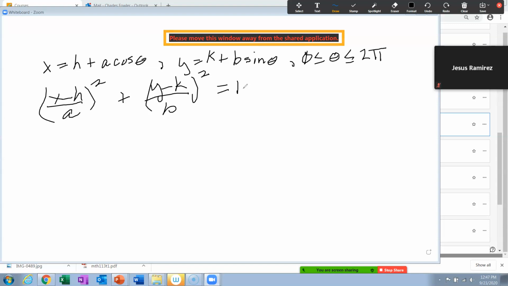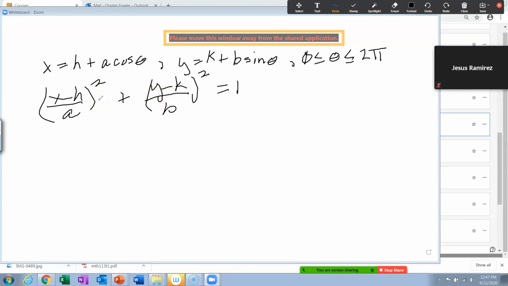Well, that is an ellipse. These are called major and minor axes, depending on which is larger, a or b, and we usually take those to be positive numbers. Whichever is larger is your major axis, and if a is larger than b, then your major axis is on the x-axis. If b is larger than a, then your major axis is on the y-axis, like the problem that we just did was.